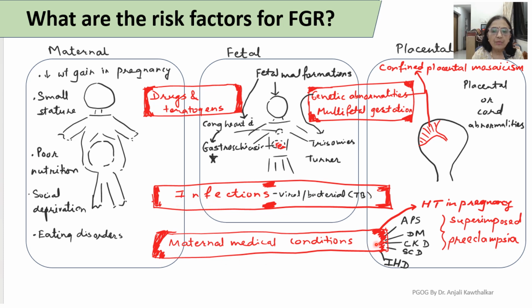Maternal and placental involvement is there in the maternal medical conditions. Whereas for placental, you can remember that mainly cord abnormalities and placental abnormalities are a risk factor for development of fetal growth restriction. So if you divide and remember, or draw it two or three times like this, I think students can remember the important risk factors for fetal growth restriction.